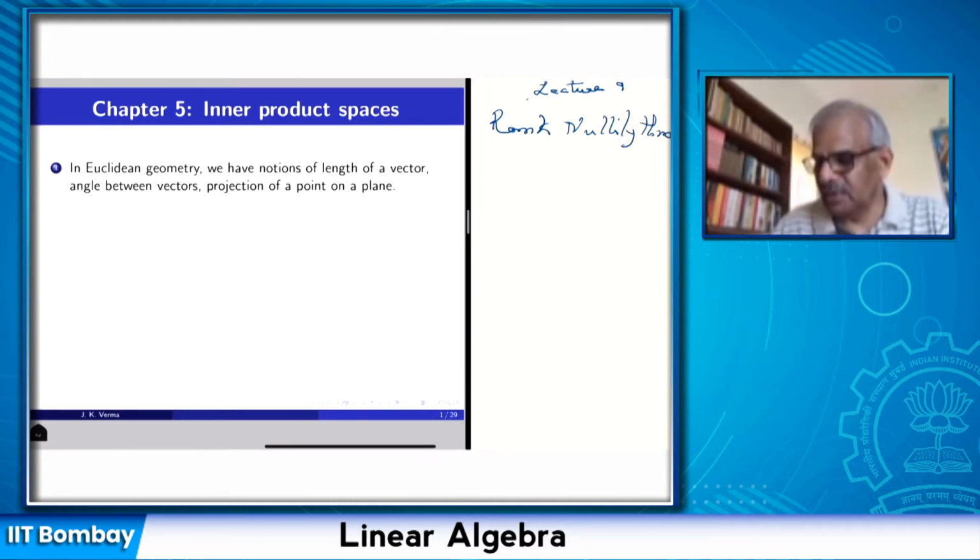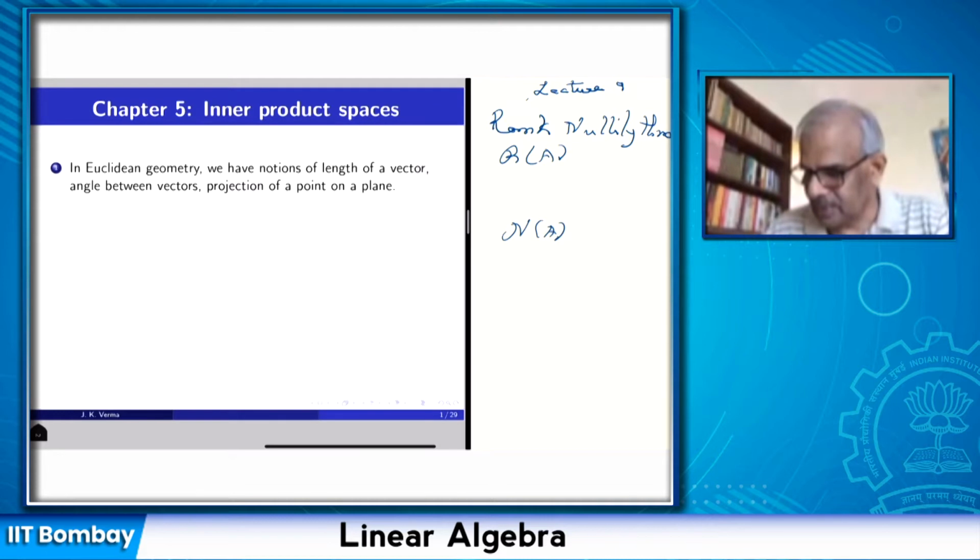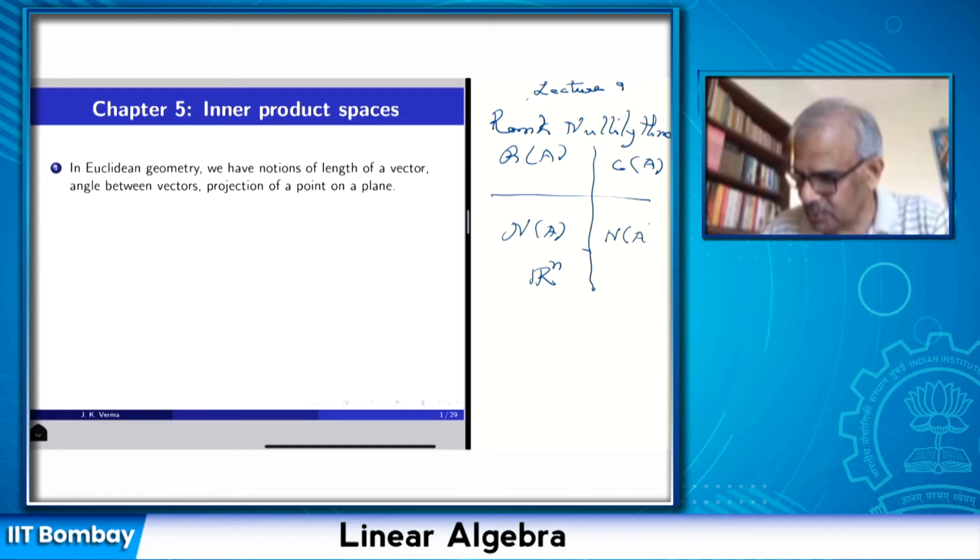We have done it for linear transformations, we have done it for matrices. For matrices it says that we have the row space of the matrix and the null space of the matrix. These two spaces are living inside the domain, and the column space of the matrix is living in the codomain. The left null space is really the null space of A transpose.